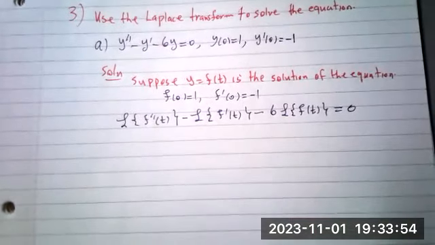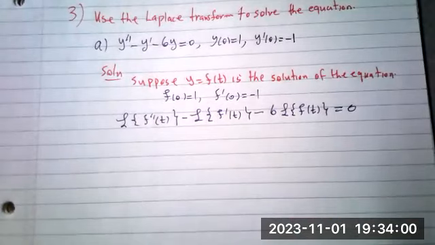That's step 1, taking the Laplace transform of both sides. Now you are going to change all the Laplace of the derivatives into the Laplace of the function because of that theorem that we have.